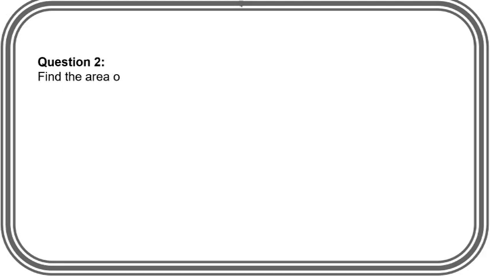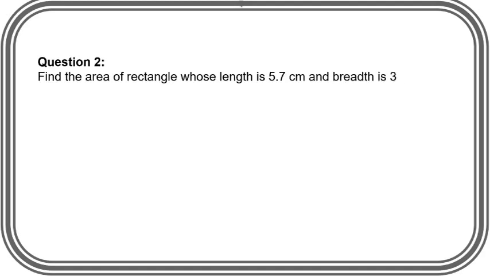See next. Find the area of a rectangle whose length is 5.7 cm and breadth is 3 cm. So here we know what the area of a rectangle is. Here we have length equals 5.7 cm and breadth is 3 cm.